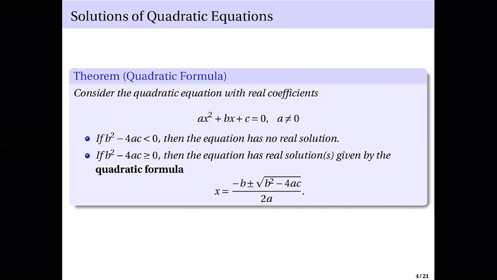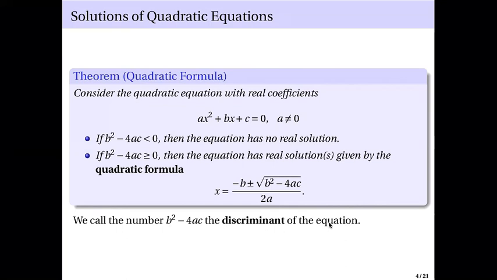So we call this number, b squared minus 4ac, the discriminant of the equation.